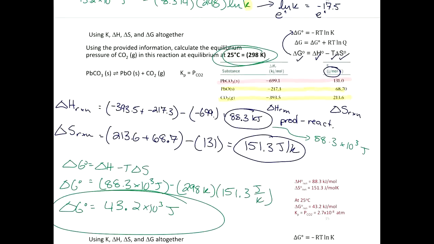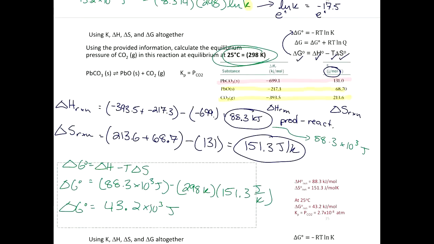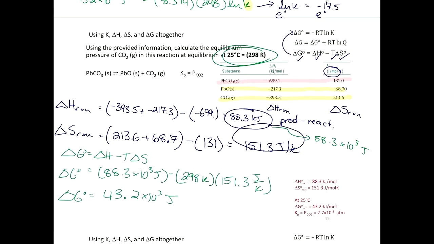Okay, so this actually isn't even our answer. It's only part of the answer. I just got delta G using the thermodynamic quantities, delta H and delta S. So the actual answer to this question utilizes this first equation. Now that we have delta G, we just got it in a much more annoying, longer way to get to the same point.